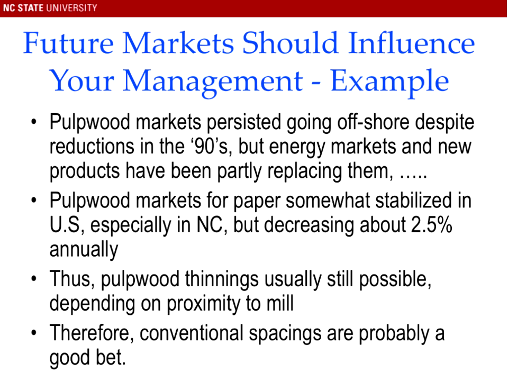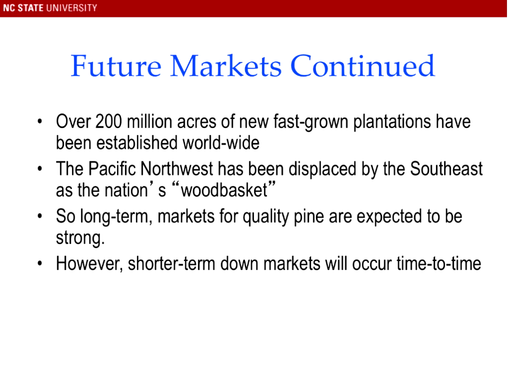And again, things like OSB and energy have been taking their place. So, what does all this mean? Pulpwood thinnings usually are still possible depending on the proximity to a mill, so you can still plant trees, such as loblolly pine, at the spacings we used to recommend when we had a more robust paper industry, because other products have come in to take their place.